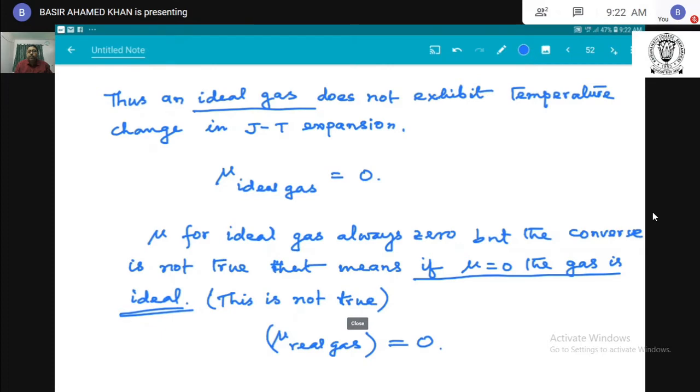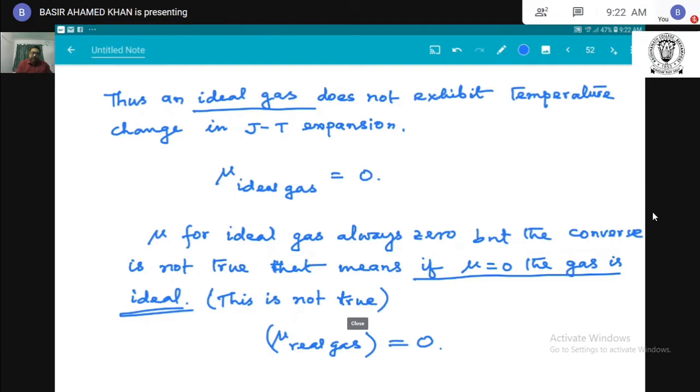That means there is no change of temperature after expansion. In this particular case mu will be 0, and hence we cannot say mu equal to 0 indicates that the gas is ideal.